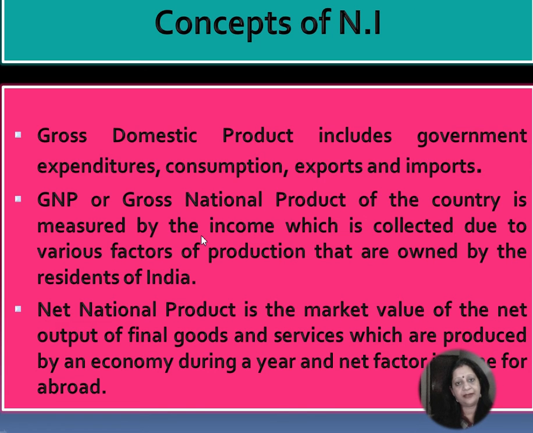So these are some of the concepts of national income, or we can say these are the terms which are used in the calculation of national income. You should have an idea of what is GDP, what is GNP, what is NNP, that is net national product.